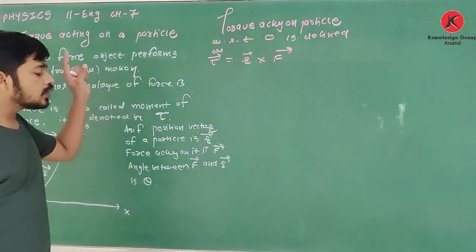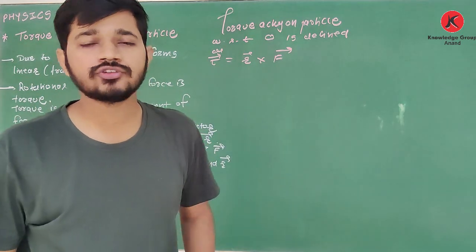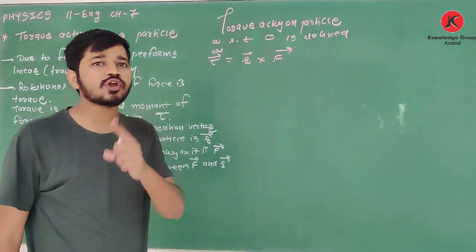So tau is equal to r cross F. That you have to remember.